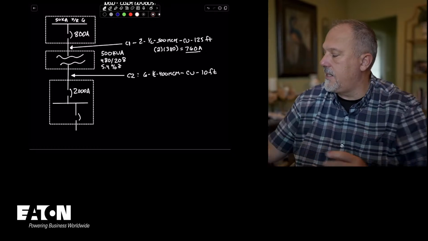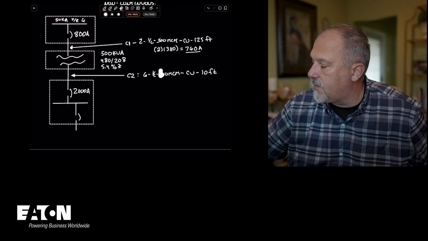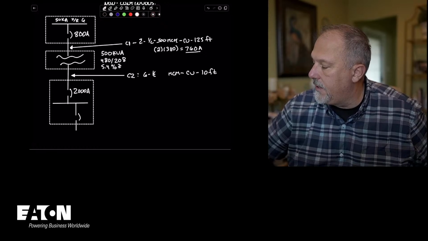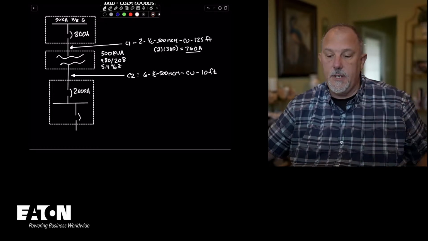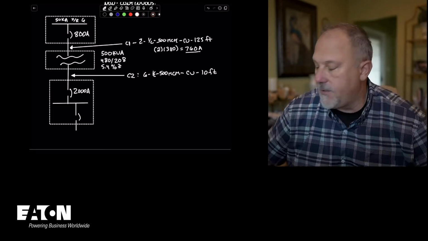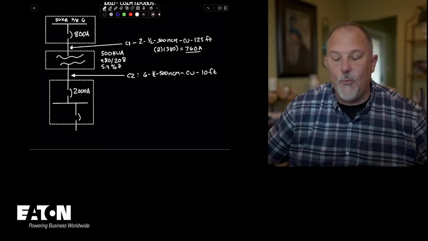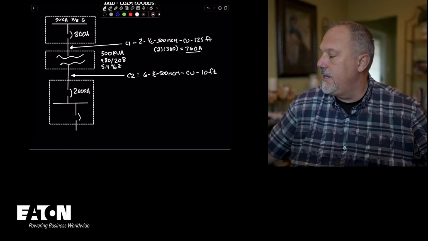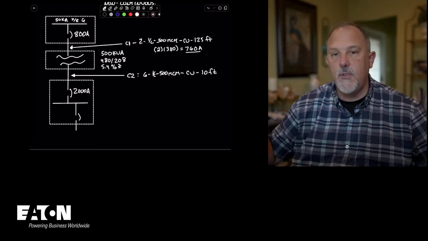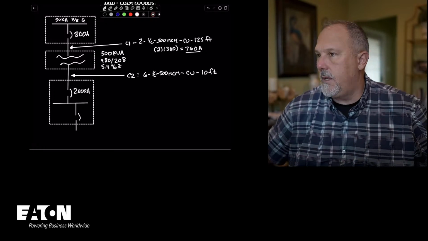Yes. Six sets of 500. I'm going to go with 500 as well. I like 500 better. I think it's more popular of a conductor size. Yep. I'll use 500. 6 sets of 500. You can only buy 1 reel of conductor. I like it. 6 sets of 500 MCM. I'm using 10 feet. All right.